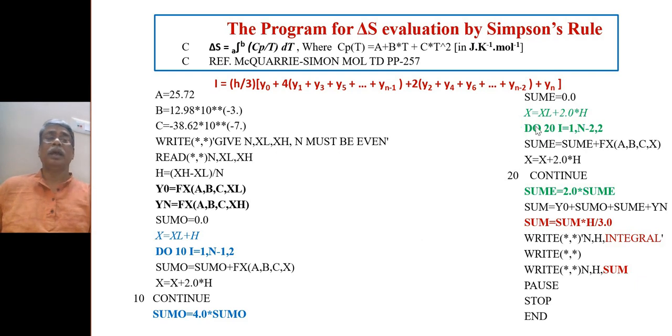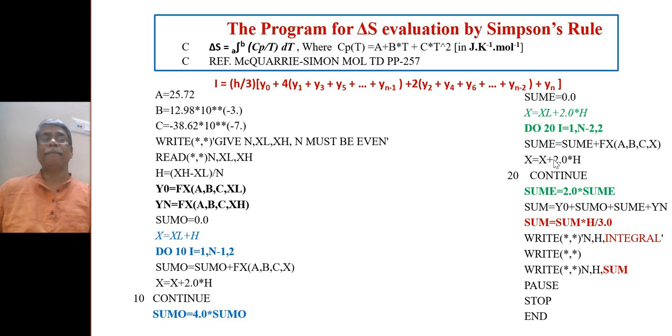And here again the green color, the same kind of thing, but it is xl plus 2h, the second point, because the 0 and then the first one is used here, and so the second point, and then skipping again 1 point each time. That means again it is plus 2h. So every time we are adding 2h, but the starting point is xl plus 2h itself.